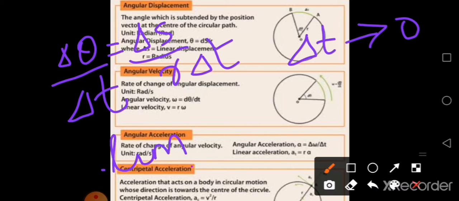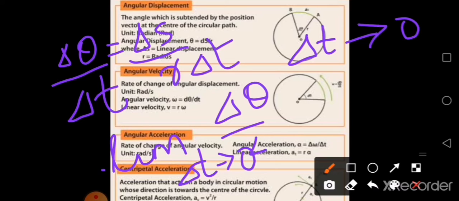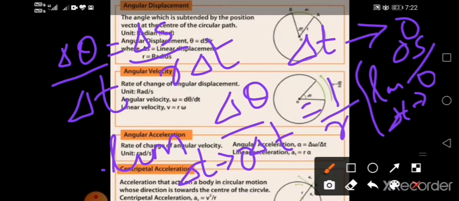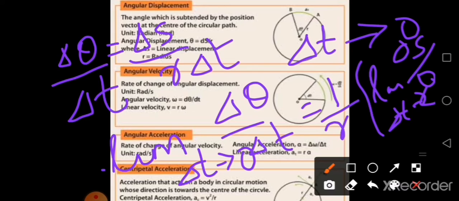Limit delta t tends to 0, delta theta upon delta t will be equal to 1 by r into limit delta t tends to 0, delta s upon delta t, isn't it? So this is what you're going to get.